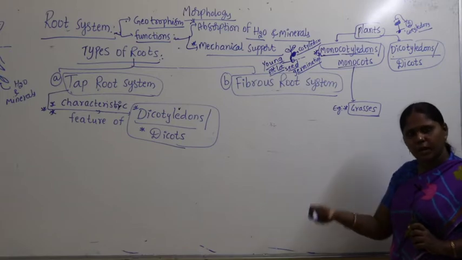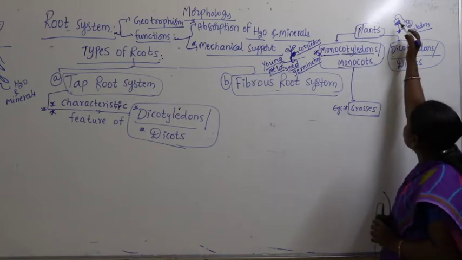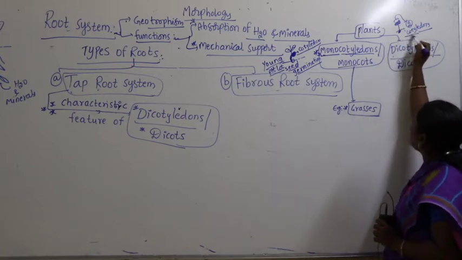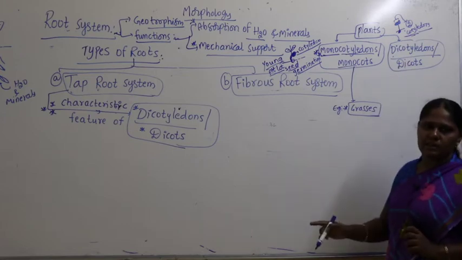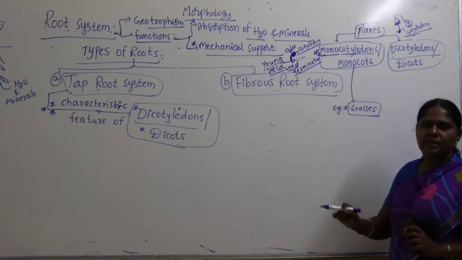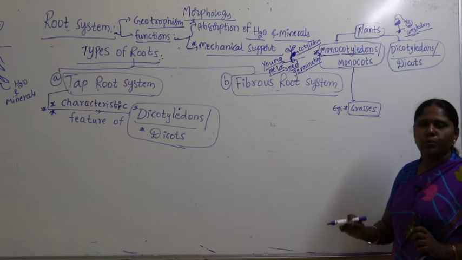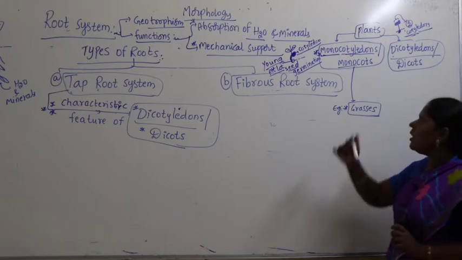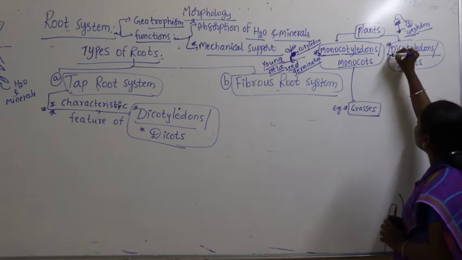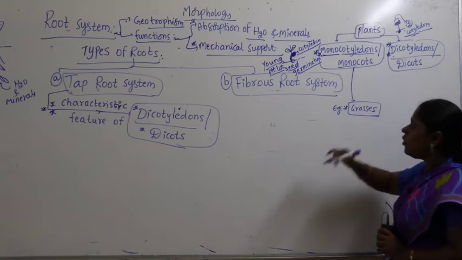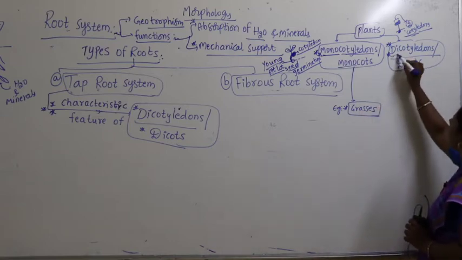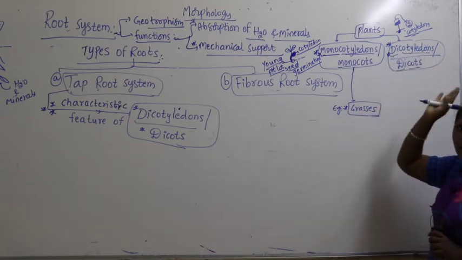Before developing into a young plantlet, the two small buds you can see are called two cotyledons. The plants that produce two cotyledons at the time of germination are called dicotyledons. Simply they are called dicots, two cotyledons.